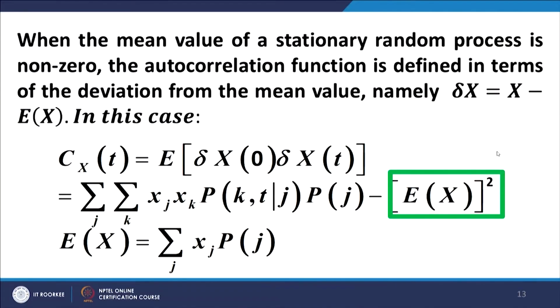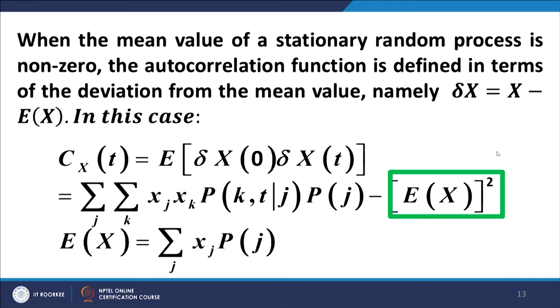Now, the definition that I have given above is the situation when the mean value of the random process is 0. If the mean value of the process is 0, then the above formula operates. If the mean value of the process is not 0, then we measure correlations in respect of deviation from the mean.